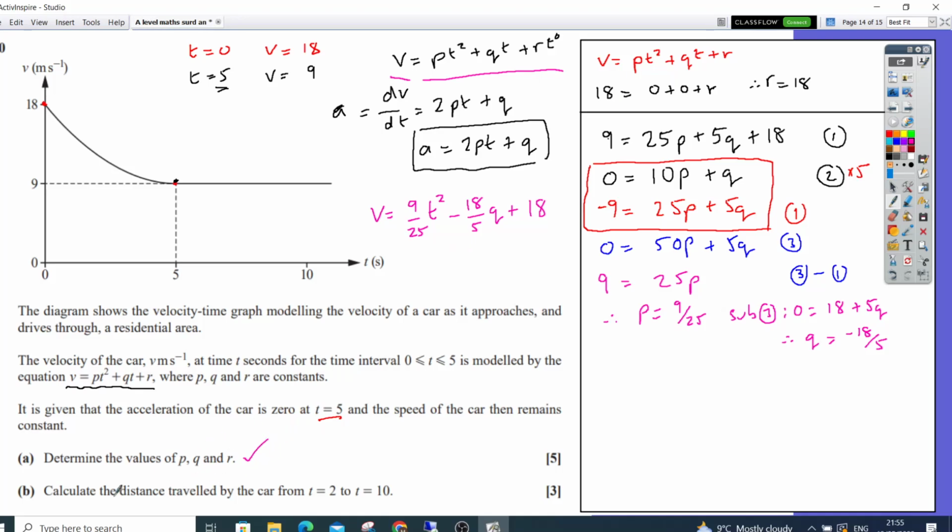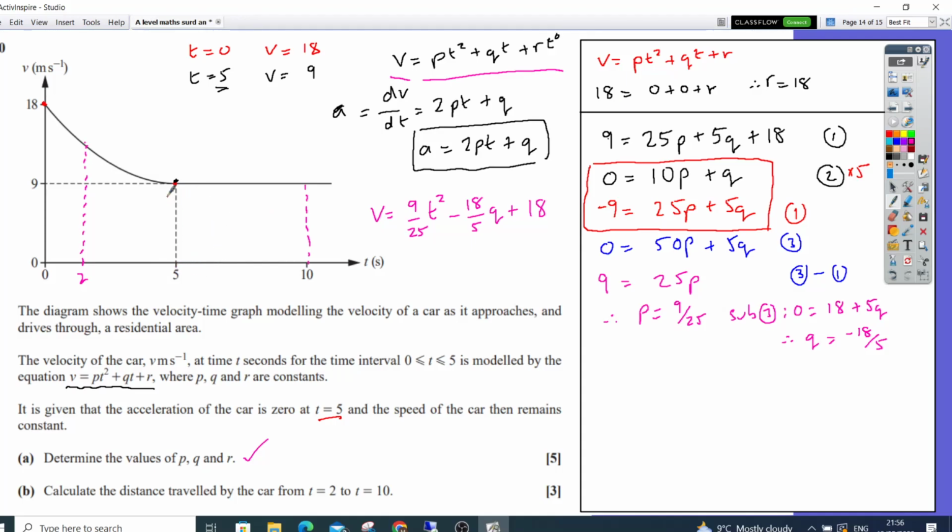5 marks, happy. Calculate the distance travelled by the car from t equals 2 to t equals 10. So t equals 10 is here. And let's say 2 is here. Okay, and when we got this velocity time diagram, the area under the graph is the distance.